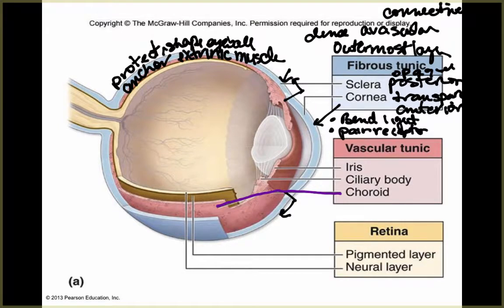And this is the posterior portion. This guy is vascular. So on here, when we look at it, this is the area that provides blood.